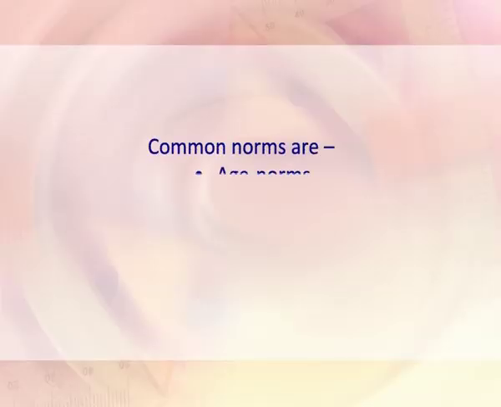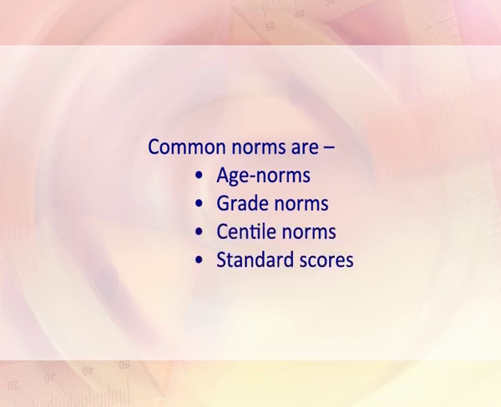Common norms are age norms, grade norms, centile norms, and standard norms. The most important factor in developing norms is whether the sample is truly representative of the population. Thus, the sample should be randomly selected.